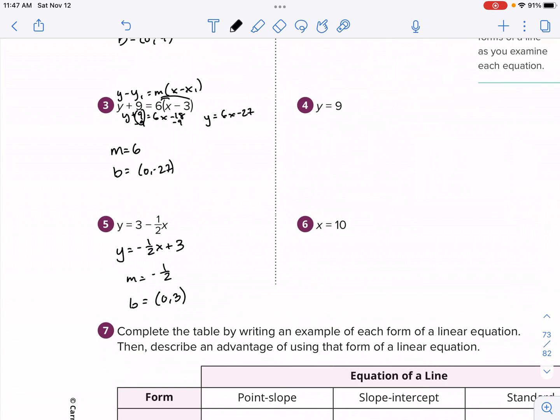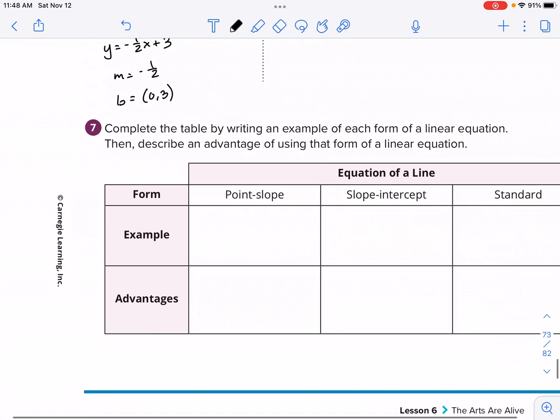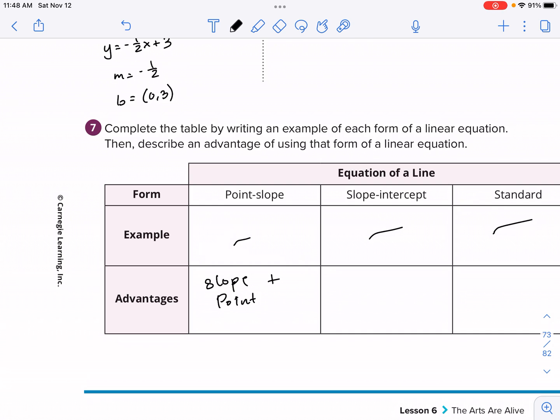Okay, and to finish up this lesson, we have different forms here. We're going to talk about when it is best to use whichever form. I'm not going to go through the examples. We've already seen those. But the advantages: you use point slope form when you're given the slope and a point (x1, y1).